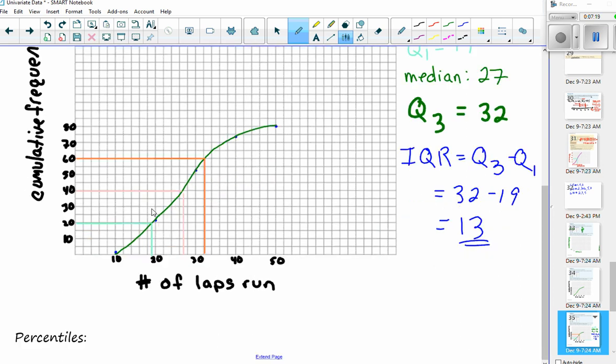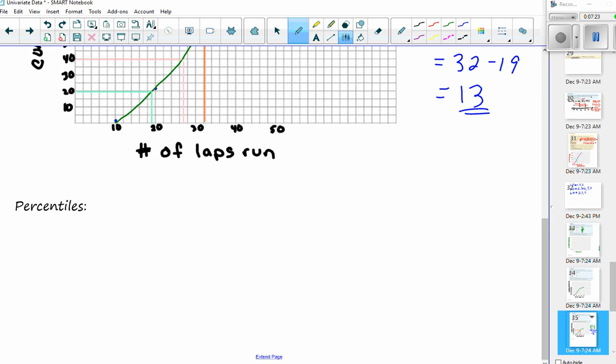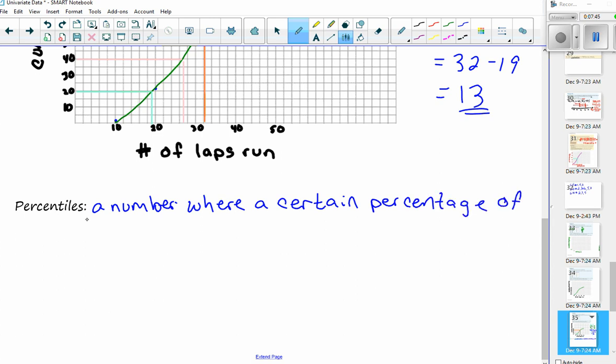Now, the other thing that we can use this for is to find percentiles. So for percentiles, it is just a number where a certain percentage of scores, whatever the scores would represent.